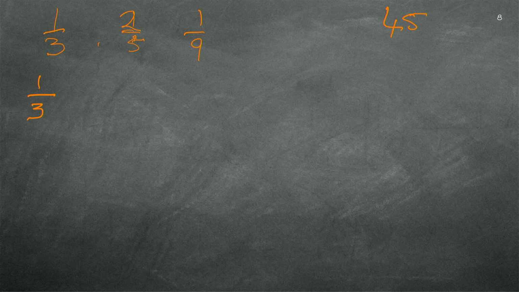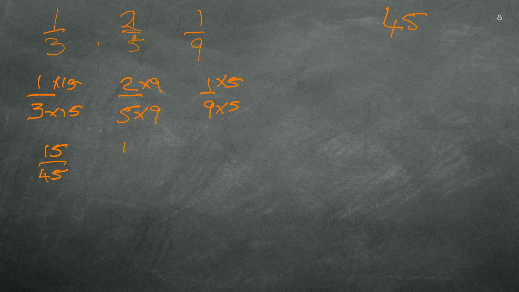To get 3 to 45, we're going to multiply it by 15. And then we've got 2/5, and to get from 5 to 45, remember your multiplication chart, times 9. And then to get 9 to 45, we're going to multiply it by 5. So what are we going to end up with? 15/45, 18/45, and 5/45.